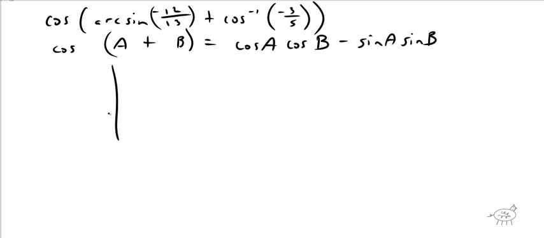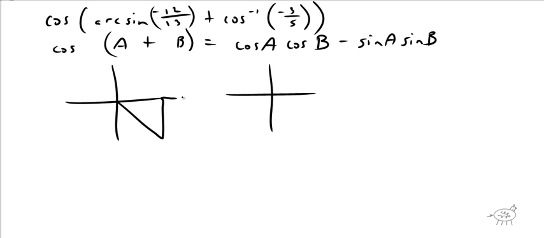Okay, so we're going to make a nice picture for each one of these. Arc sine, so we're going to be in this quadrant here, and it's y over r, so negative 12, 13, and this is 5. And cosine is negative here, so it's x over r, so negative 3, 5, and this is 4.